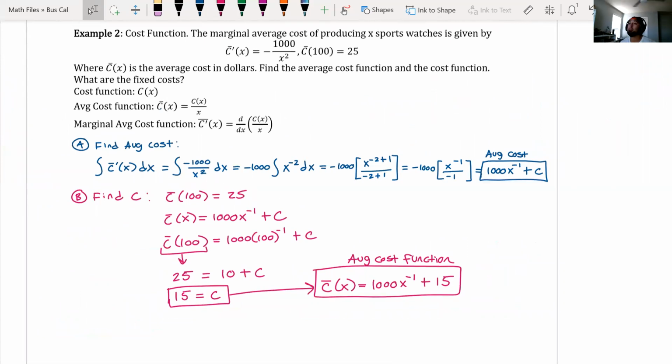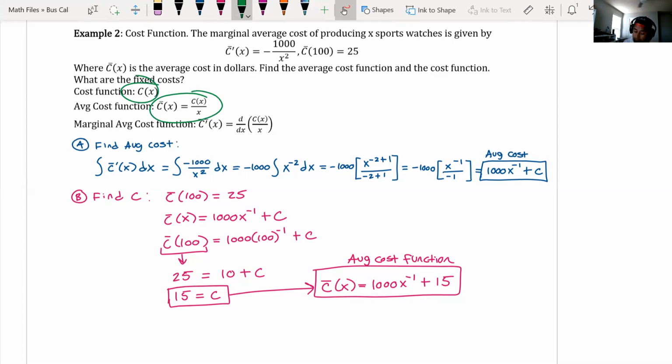So now it says find the cost function. So this will only involve algebra, no calculus involved. So our goal now is to go from the average cost function back to the cost function.